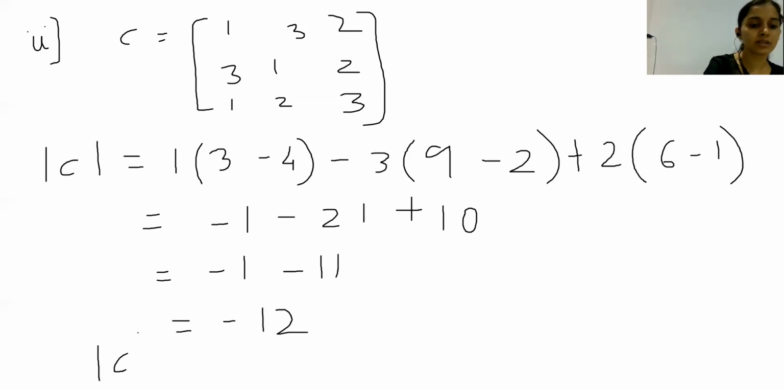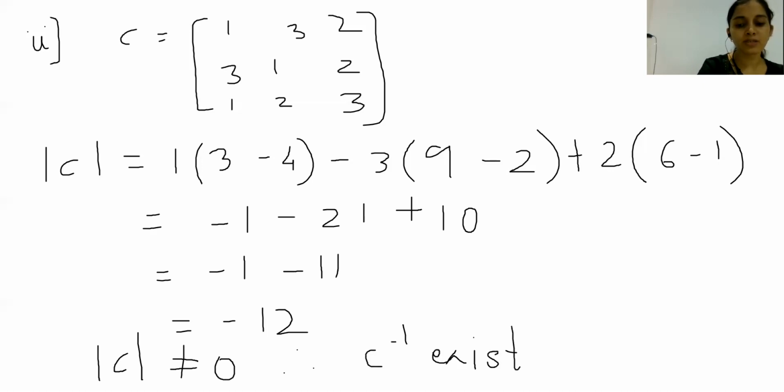Now here we can see that the determinant of C is not equal to 0, and therefore we can write that C inverse exists. Okay, that means its inverse exists. So you have to find out the determinant value first and check whether the inverse exists. Now if the inverse exists, then the next step is to find that inverse.